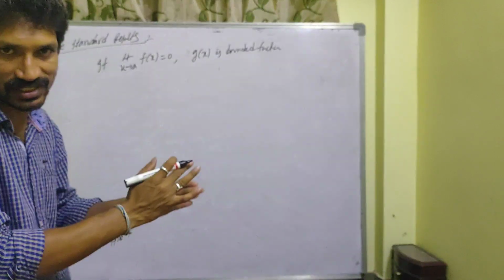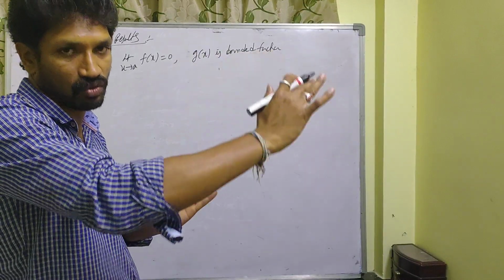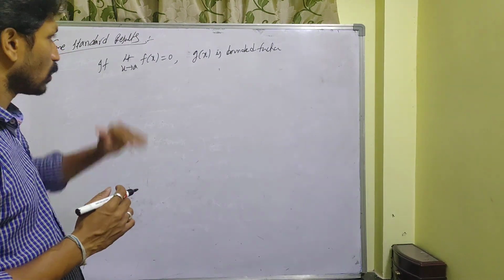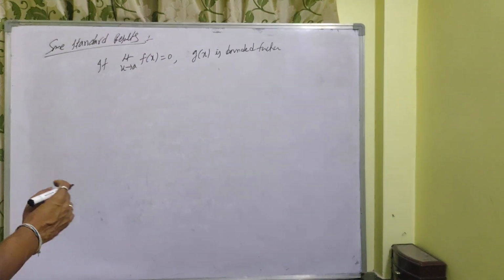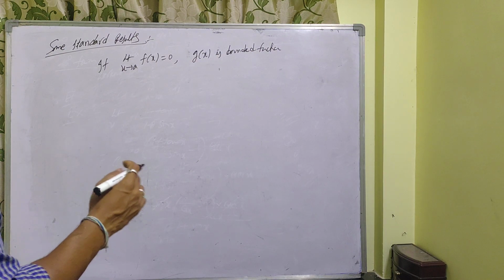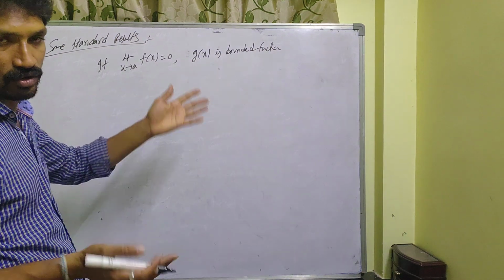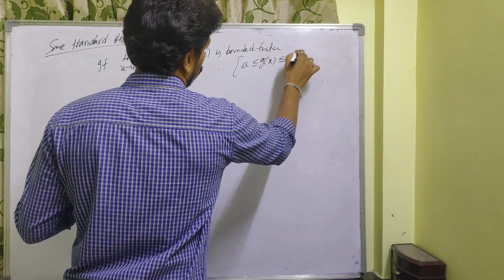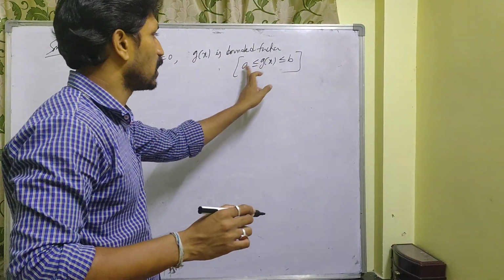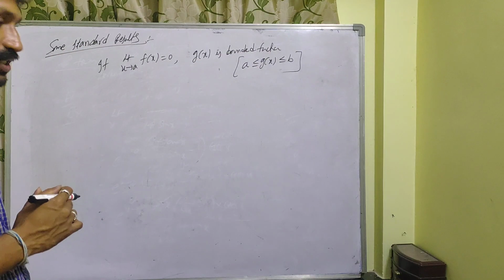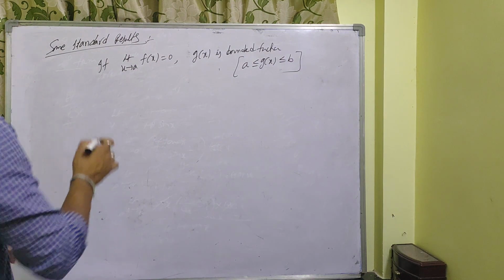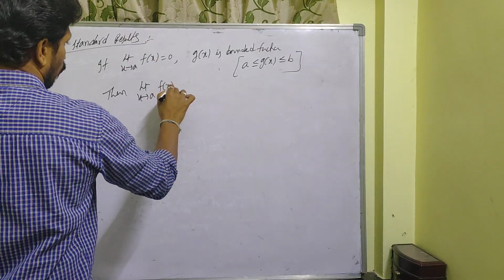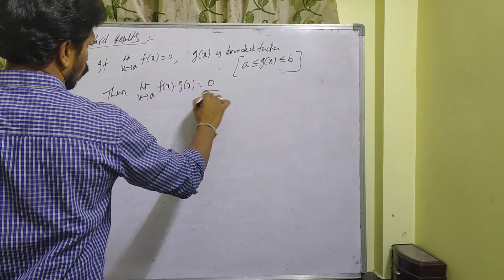For example, sin x always lies between minus 1 and 1, and cos x also between minus 1 and 1. Functions like those are called bounded functions. So if limit x tends to a of f of x is 0 and g of x is bounded, that is, a less than or equal to g of x less than or equal to b, like sin x and cos x, then limit x tends to a of f of x into g of x is equal to 0.